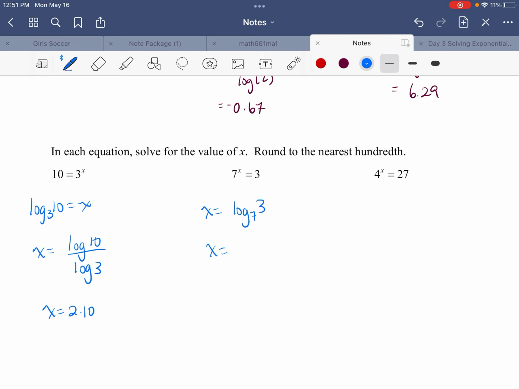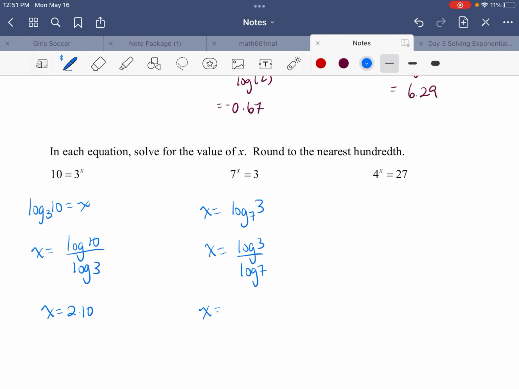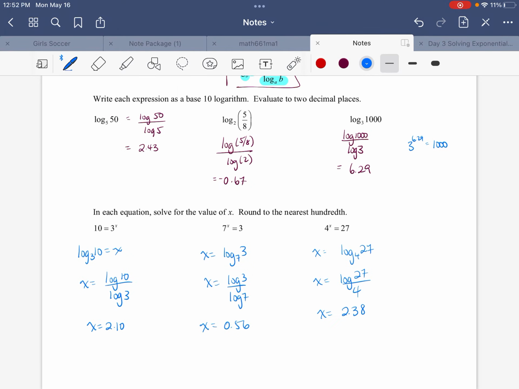So x is equal to log 3 divided by log 7. Type that into your calculator and you're going to get 0.56. And the last one, we're going to get x is equal to log base 4 of 27. So that is log 27 over log 4, and that works out to 2.38.